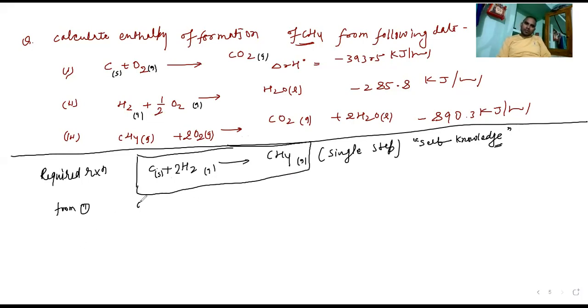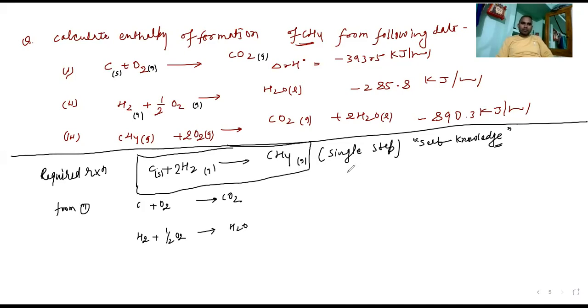So from equation 1, carbon is required on the reactant side in the required reaction. So the same reaction I'm writing: C plus O2 gives CO2. Second reaction, hydrogen required on which side? Reactant side. So I'm writing the same one: H2 plus half O2 is equal to H2O.